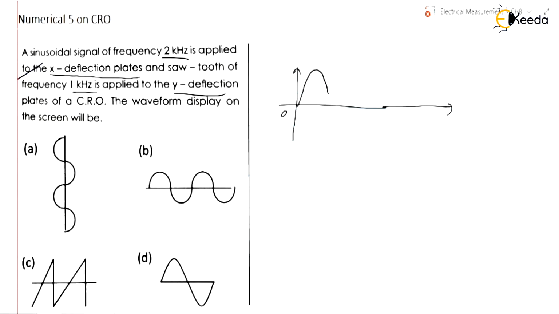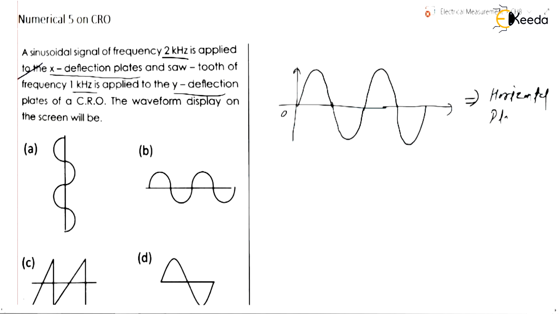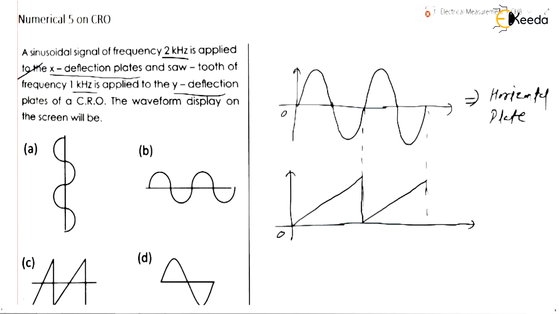This is the sinusoidal, and this is applied to the horizontal plate. And to the vertical plate we are having a sawtooth. Generally we apply the sawtooth to the horizontal plate, but this is to the vertical plate.